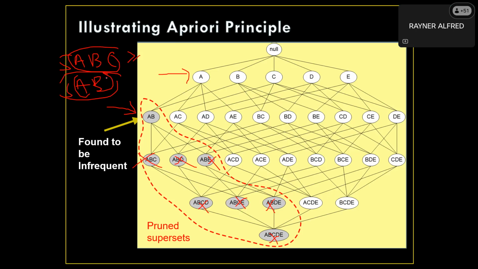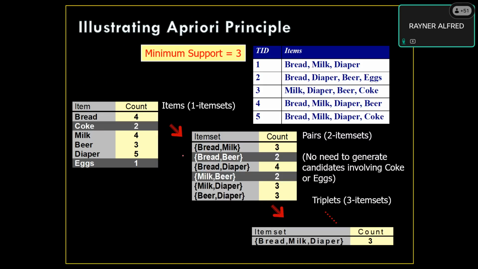So if this is not frequent, then this is no more frequent. That's why we prune all of this. This is one of the ways we reduce the number of calculations. Okay, so we will look into the Apriori algorithm. We start with this example.